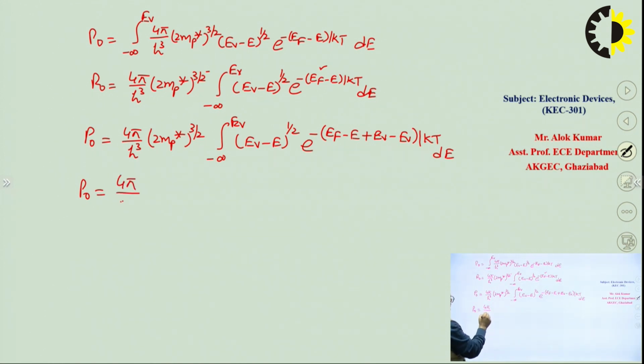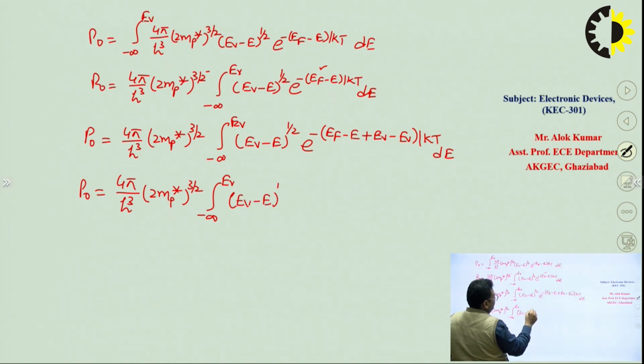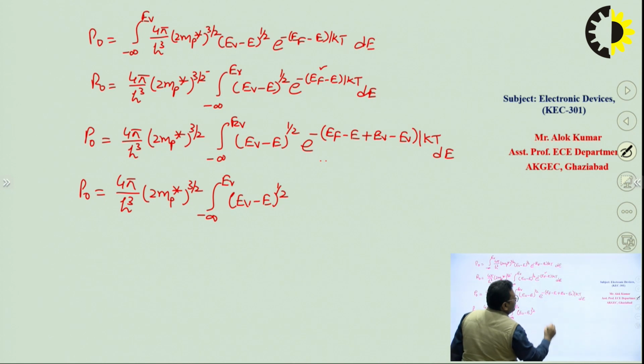After solving this, 4 pi upon h cube into 2 mp star to the power 3 by 2. I will break this exponential term again, so I can write EV minus E to the power 1 by 2, and this exponential term I will break.